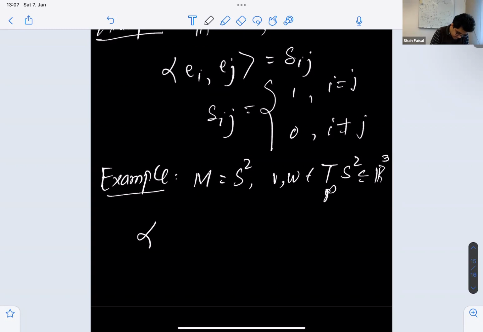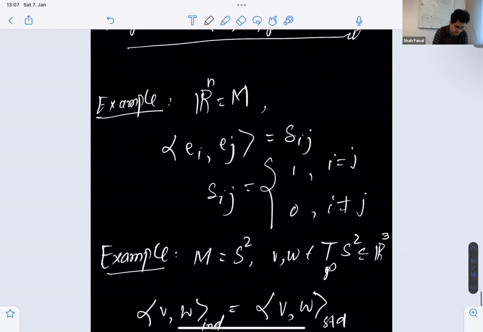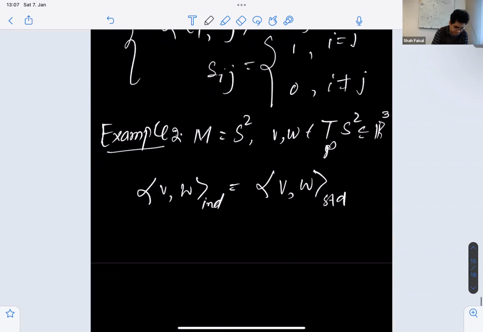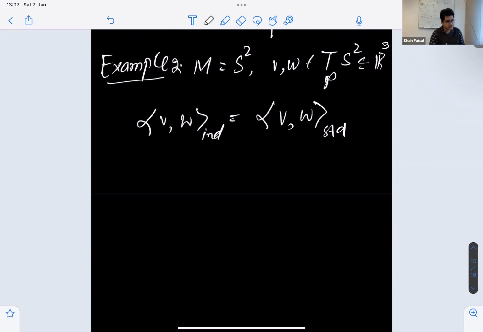And I define the inner product on the sphere for these two vectors to be the standard inner product above, as in example 1. So now you have an inner product. This is called the induced inner product, or the standard Riemannian metric on the sphere, by the way.